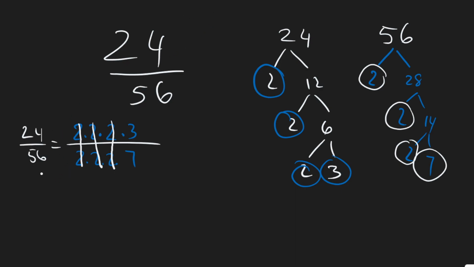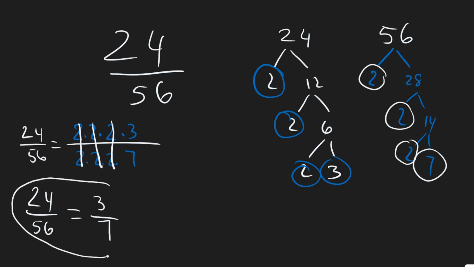So 24 over 56 is the same as 3 over 7. This is the fraction you find when you simplify. 24 over 56 is equal to 3 over 7.